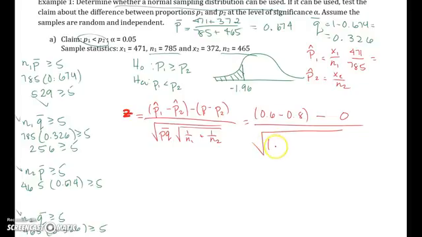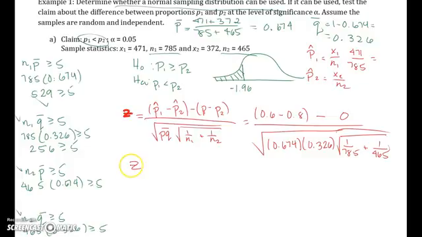Those numbers that we just found, which is 0.674 times 0.326, times the square root of 1 over n1, which is 785, plus 1 over n2, which is 465. All of this I'm going to do in my calculator. The only thing I would simplify first is this part, and then just do negative 0.2 divided by all of this. It's easier for me to just do in a calculator.